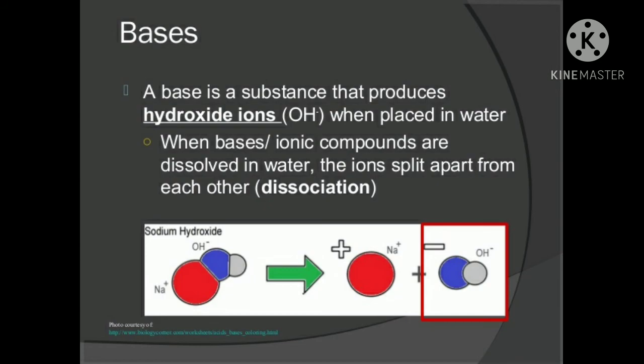A base is a substance that produces hydroxide ions when placed in water. When bases in ionic compounds are dissolved in water, the ions split apart from each other, that is, a dissociation reaction takes place.